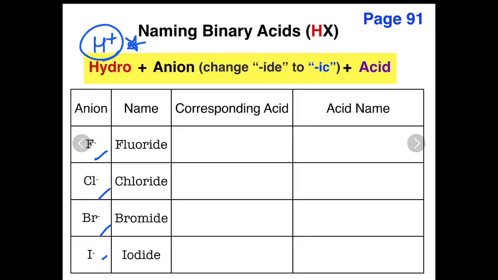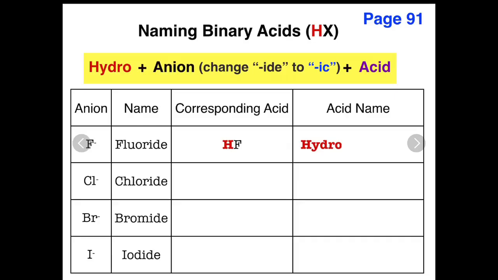This is 1 plus, this is 1 minus, so the corresponding acid would be 1 to 1. It would be HF. This is also 1 to 1, this is also 1 to 1, this is also 1 to 1. Therefore the corresponding acid of fluoride would be HF. This is the acid that is derived from fluoride. The name for this would be hydro.